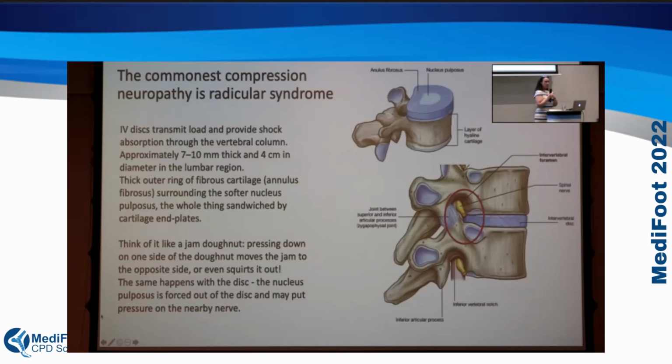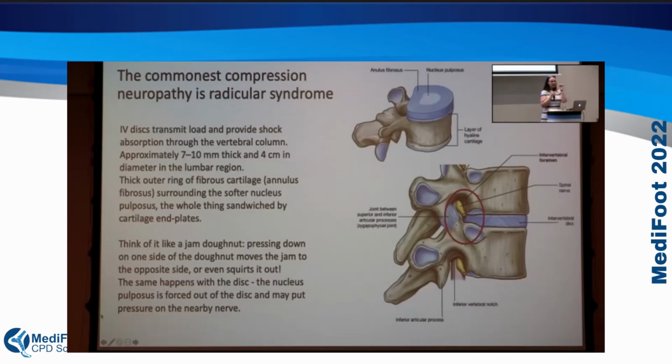They sit between almost all of your vertebral bodies, not quite all, because there isn't one between cervical 1 and cervical 2. They don't actually have that. They work on a pinion mechanism, but all the way down, right until we get to L5S1, you've got a vertebral disc. Down at the base, the biggest one is about 7 to 10 centimeters across, quite big, and it can be up to a centimeter thick.